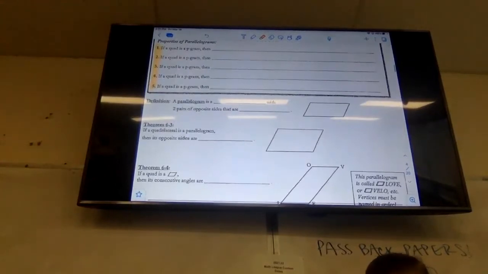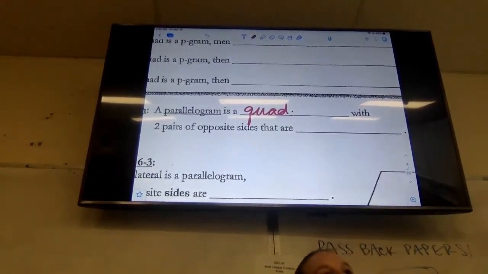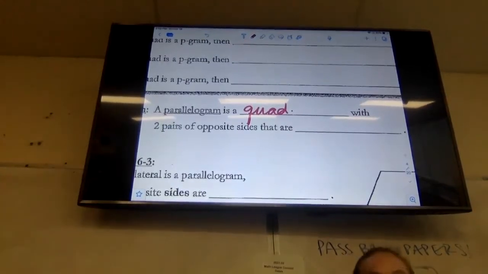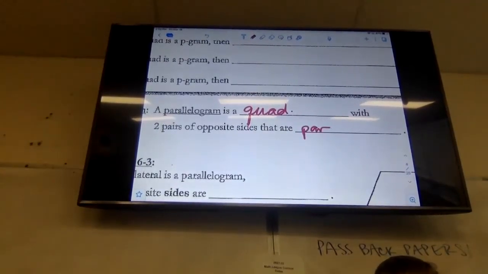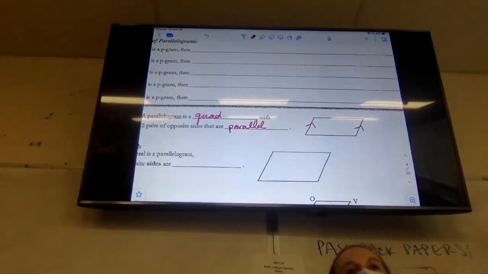Okay, the definition: a parallelogram is blank with 2 pairs of opposite sides that are blank. How many sides does a parallelogram have? 4, so it's a quadrilateral. And its 2 pairs of opposite sides are parallel. Very good. By definition, a parallelogram has 2 pairs of opposite sides that are parallel. So I'm going to draw in my picture the little arrows to represent parallel.